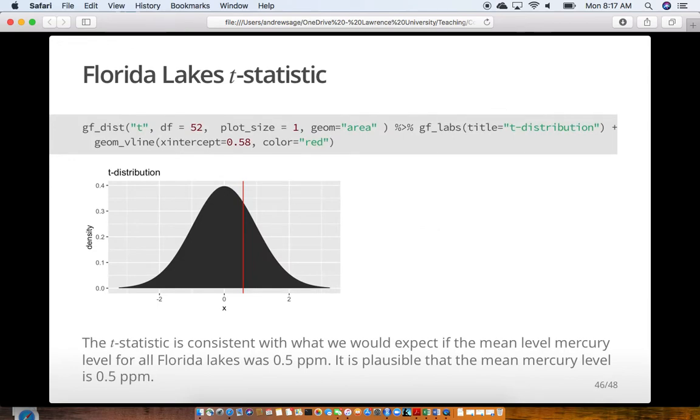When we picture where that lies on the t-distribution, we see that it's fairly close to the center of the curve. This tells us our result is not that extreme and would not be unexpected in a situation where the mean mercury concentration in all lakes was 0.5. Therefore, our data are consistent with the situation where the mean mercury concentration in all lakes is 0.5. This is a plausible outcome.